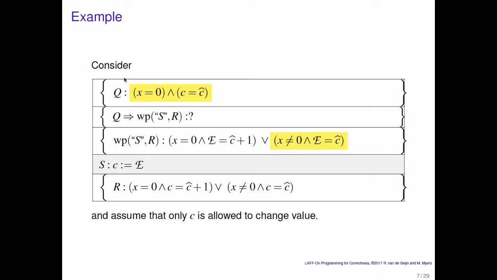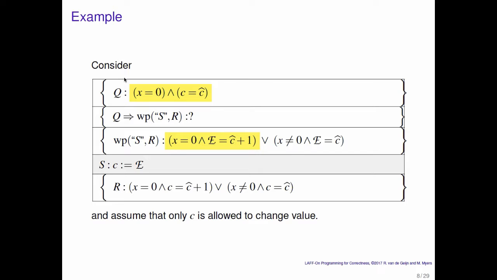So that part we are going to ignore, and instead we're going to look at this part of the disjunction. If we can now choose our expression e such that what we have highlighted here in yellow is exactly the same as Q, then by strengthening we know that Q implies the weakest precondition.